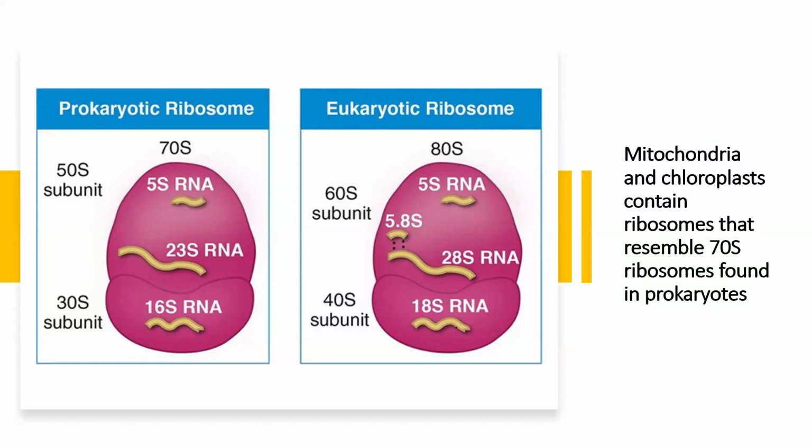There are also some differences in the ribosomal RNAs, those ribozymes that are inside of the protein. They are similar, but they're not the same. And so this is another way they can be differentiated.